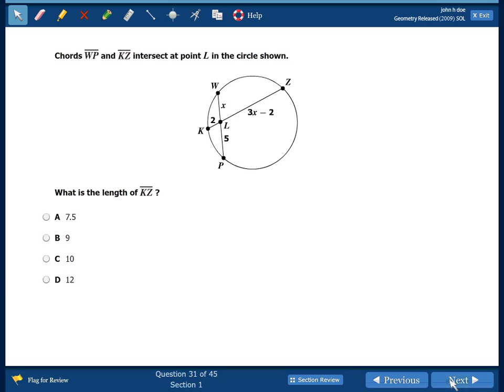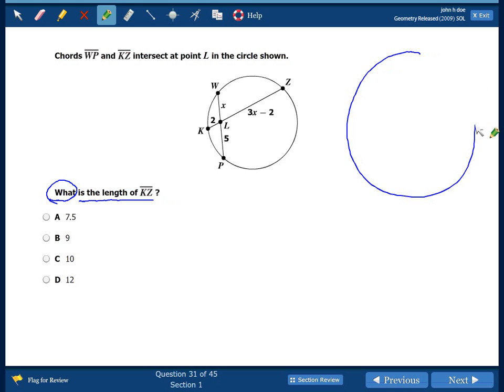So for question 31, it says, what is the length of KZ? In order to do this, we can actually solve this right now. We don't need the other information. The picture shows us that 2 chords WP and KZ intersect at point L in the circle shown.